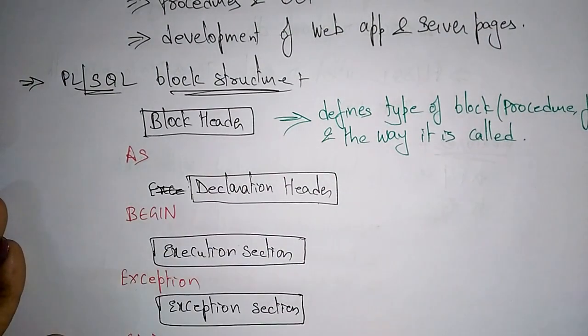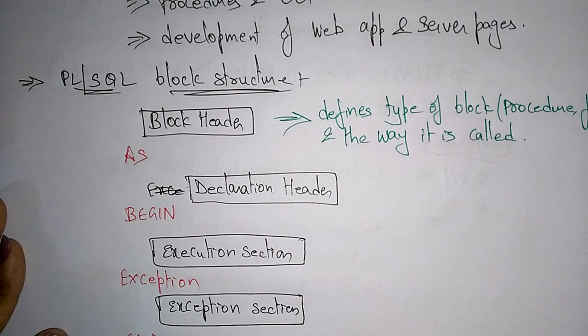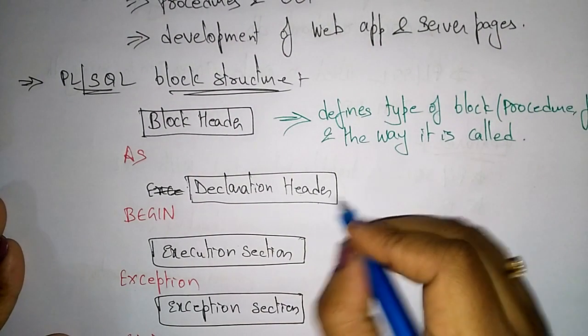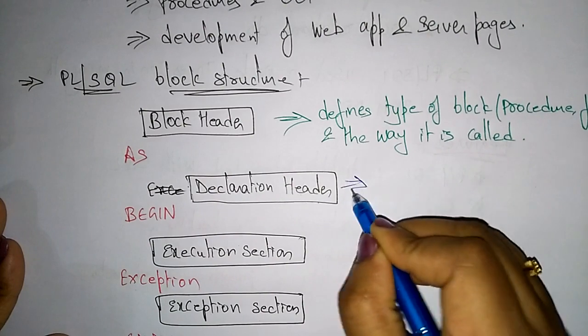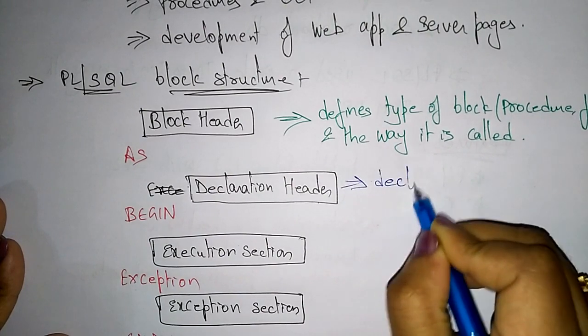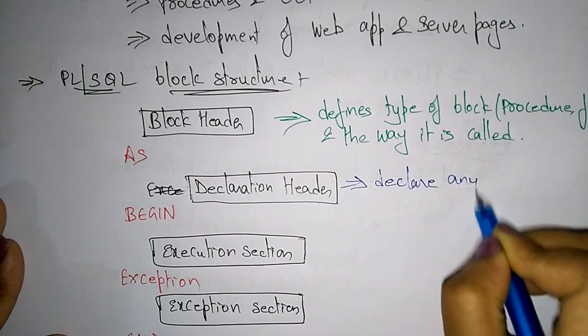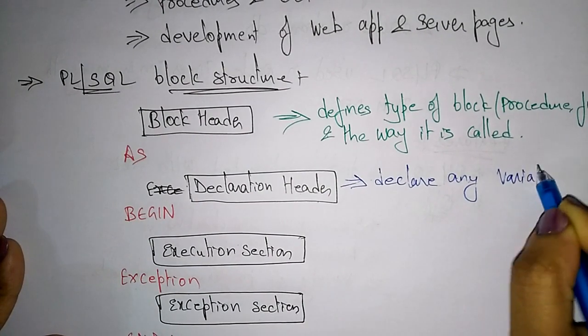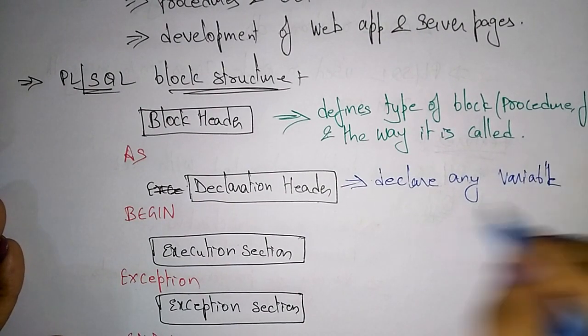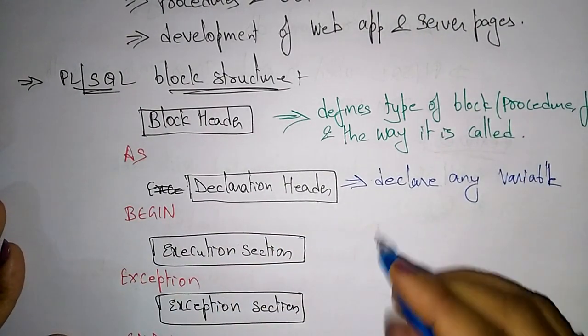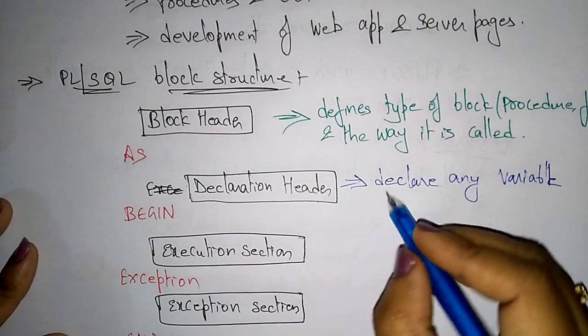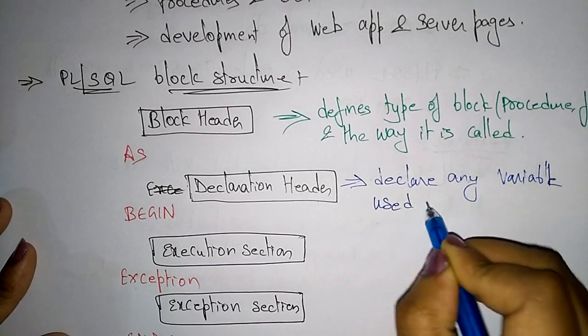Then, in the declaration section, you declare any variable that you want to use in the block.